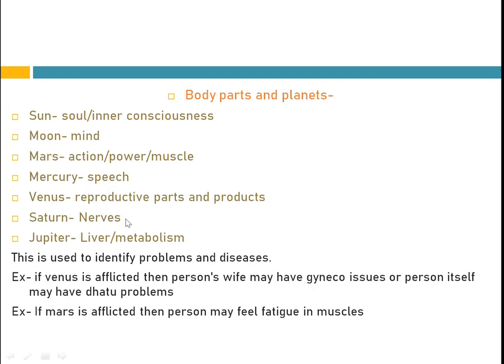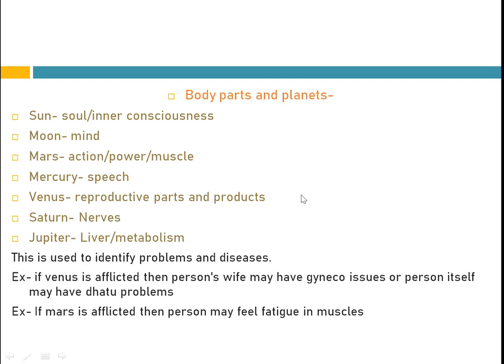These are the body parts. Suppose Mercury is speech, Mars is action, power, muscles, etc. Jupiter is liver. Suppose Venus is afflicted in your chart, then the person's wife may have a gynec issue or dhatu problem. Dhatu means reproductive parts problem. Saturn is nerves. If Saturn is afflicted apart from the house and house lord, then nerve issues will be there.